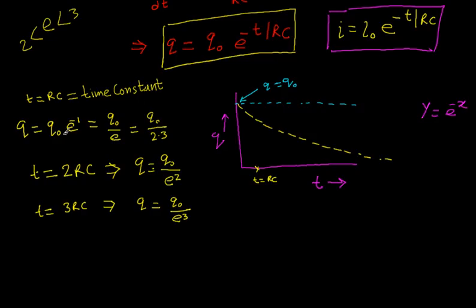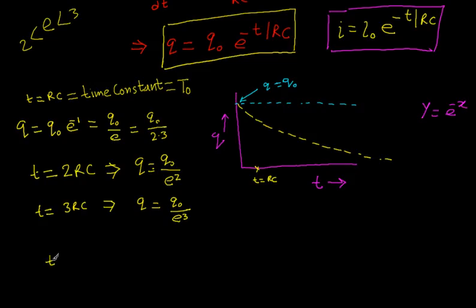In the first time constant, your charge will get discharged up to q naught by 2.3. I will represent the time constant as t naught. At t is equal to 2 t naught, q is q naught by e square. At t is equal to 3 t naught, q is q naught by e cube.